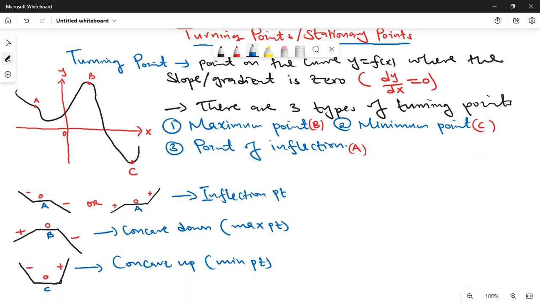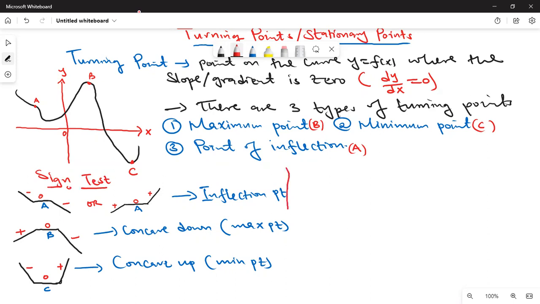That is when you're using the sign test to know whether your point is maximum, whether your point is minimum, or whether it is a point of inflection. Apart from the sign test, we could also use the second derivative test to determine the type of turning point. So this one is the sign test for the turning point.